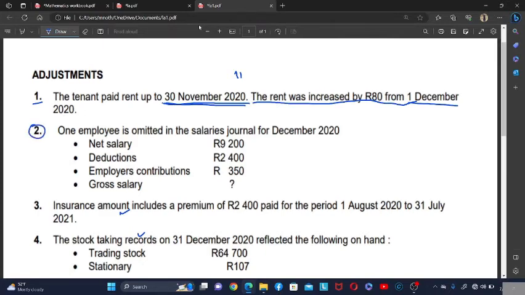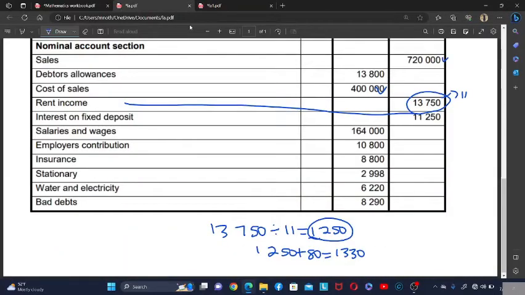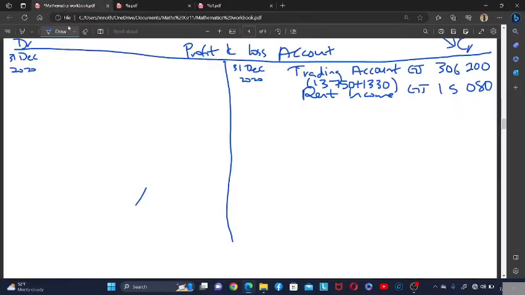One employee is omitted in the salaries journal. Now let's go and look at our salaries. If you can see here, we have the salaries and wages, and then we also have the employer's contribution.